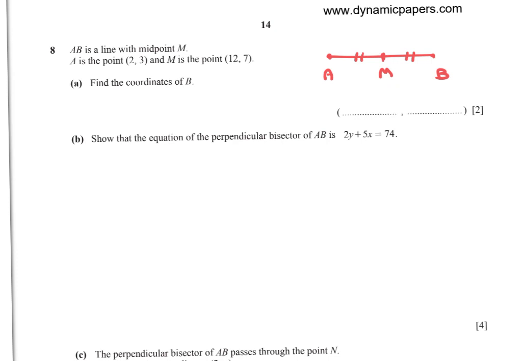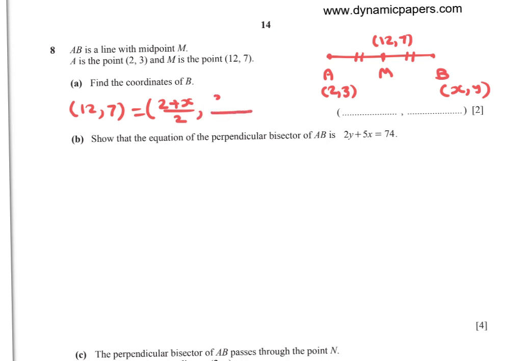We have M is 12 and 7. We have A 2 and 3. We need to find B. We can say that B is X and Y. So from the rule of the midpoint, 12 and 7 equals 2 plus X over 2, 3 plus Y over 2.